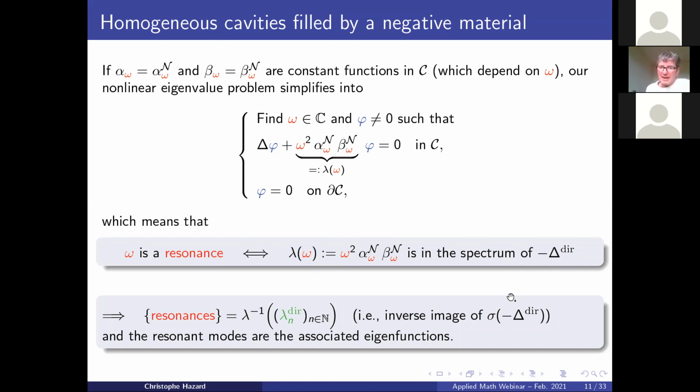again equivalent to the fact that lambda(omega) is in the purely discrete spectrum of minus the Dirichlet-Laplacian. This means that if I want to find the resonances of my cavity, I just have to find the inverse image by this function lambda of the spectrum of the Dirichlet-Laplacian, and the resonance modes associated with these resonances are, of course, the eigenfunctions corresponding to the eigenvalues of the Dirichlet-Laplacian.